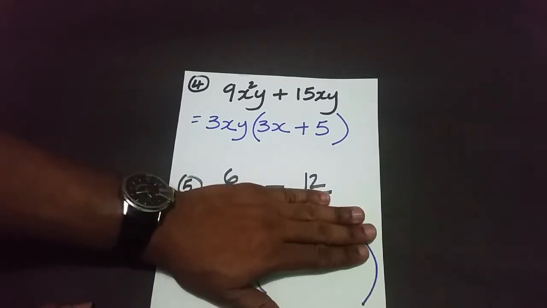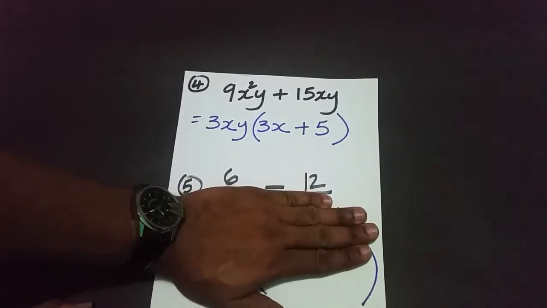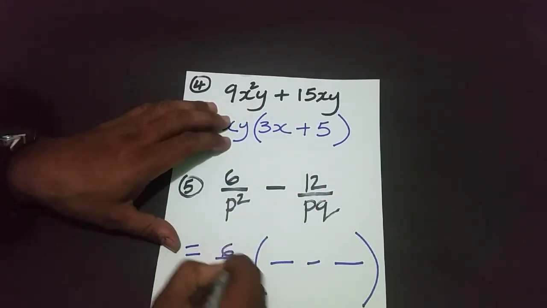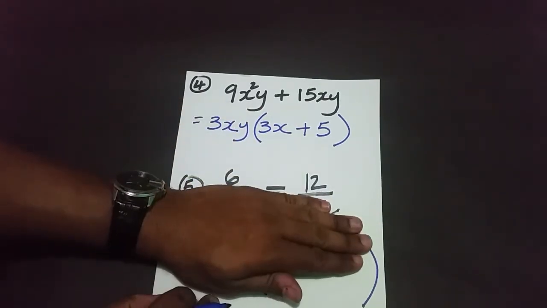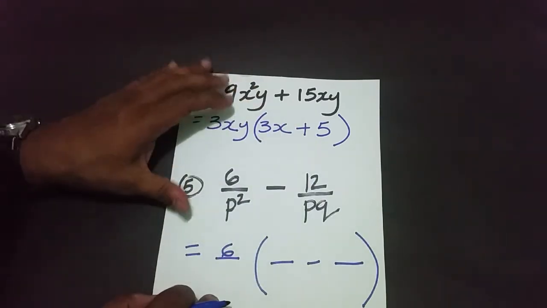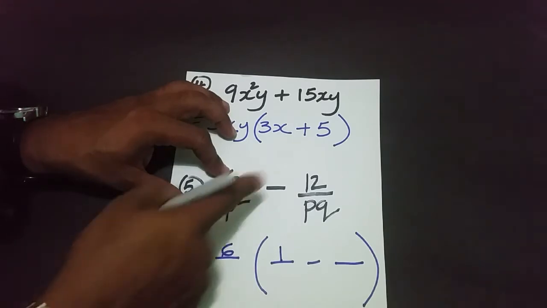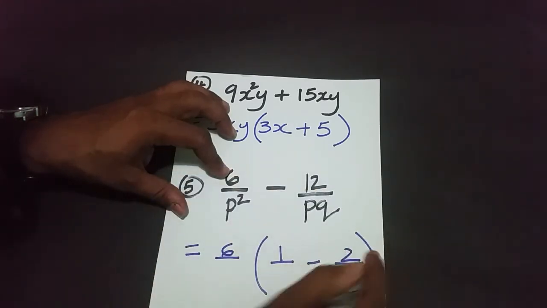So just focus on the numerator. We have 6 and we have 12, and we need to ask ourselves, what's the highest common factor of 6 and 12? That would be 6. So we know that 6 is on the outside. 6 times what is going to give me back the 6? That's going to be 1 here. And 6 times what is going to give me back 12 is 2 right there.